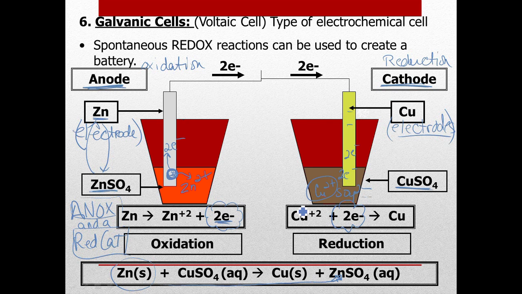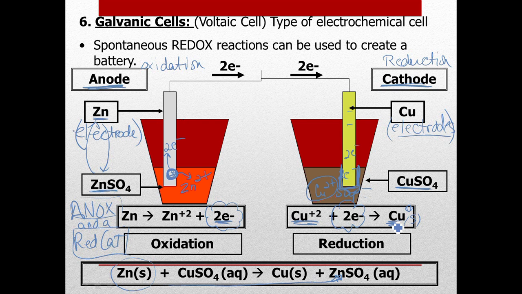So the copper +2 here is going to gain those 2 electrons and turn into copper 0. So what's going to happen to the size of this electrode over time? It grows and grows and grows. Is it a zinc coating? No, it's a copper coating, more copper, because copper +2 gains the electrons that came through the wire and turns into solid copper.